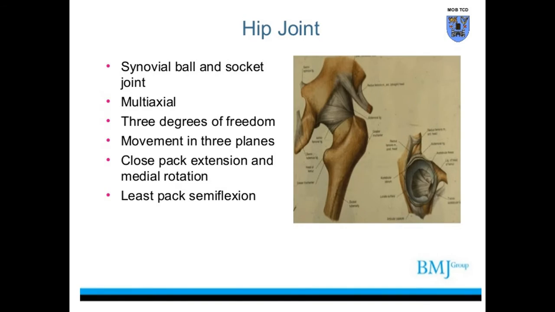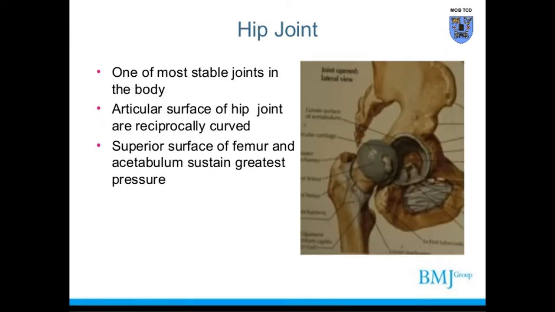So certain movements are limited. In the case of the hip joint, when you extend the hip joint or medially rotate it, there are limitations of these types of movement, and flexion is limited by the anterior abdominal wall. We can say that this is a semi-flexion.